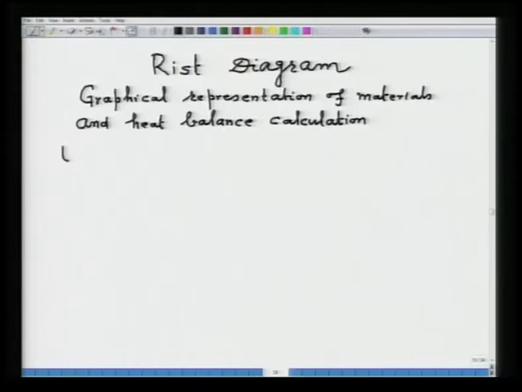Under simplified conditions, we can obtain an equation to represent the material balance in the form of a diagram. Now, what are those simplified conditions?